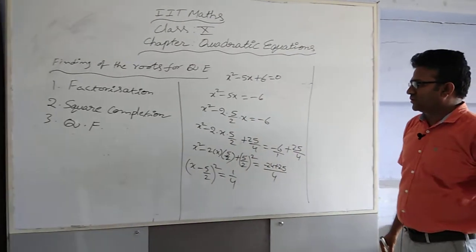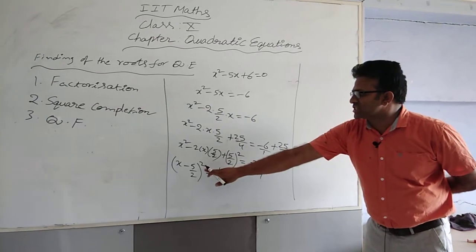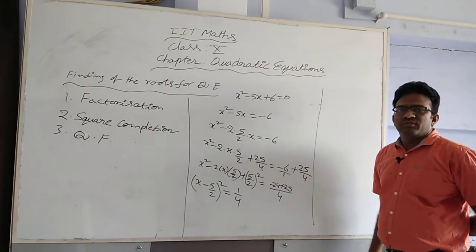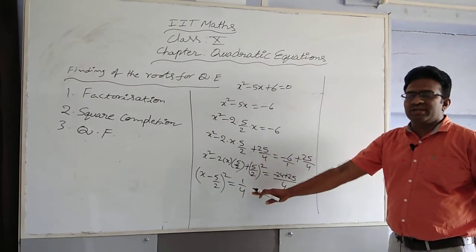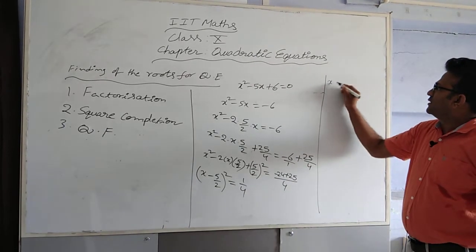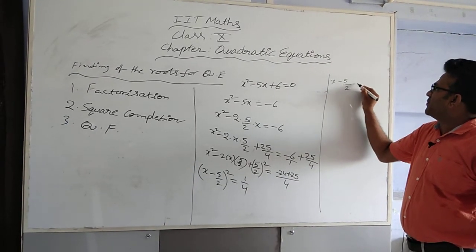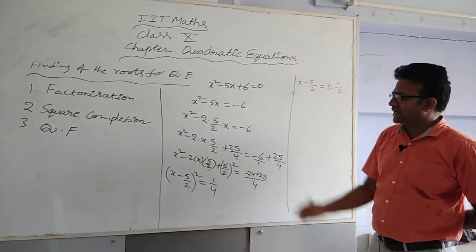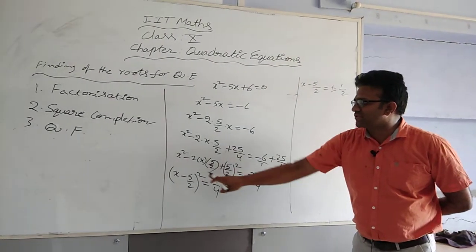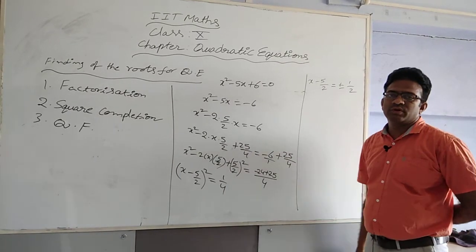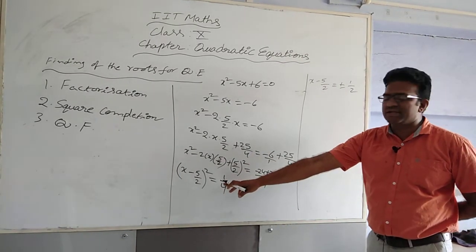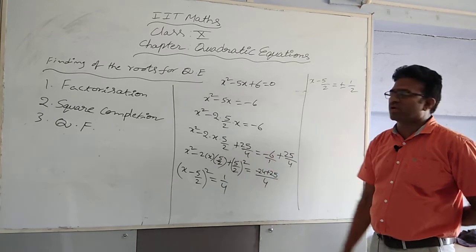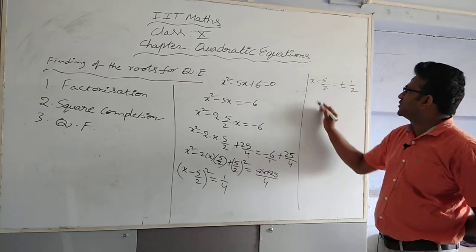I am transposing the square to this side, and it becomes a square root. So x minus 5 by 2 is equal to plus or minus the square root of 1 by 4, that means plus or minus 1 by 2.